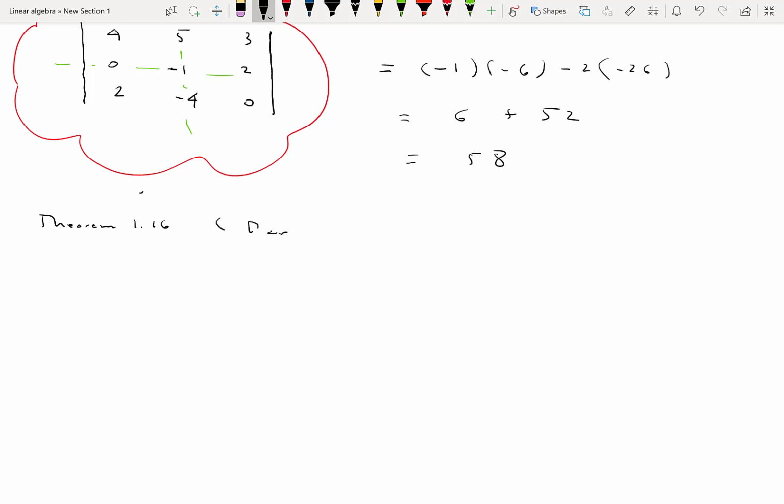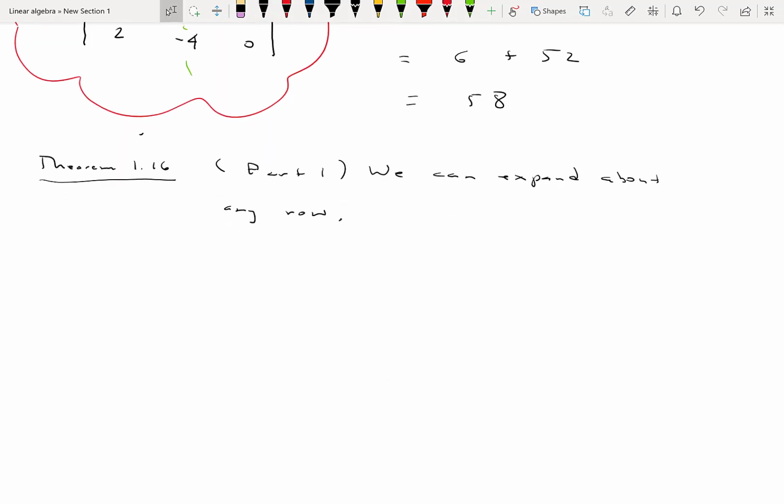Part 1: we can expand about any row, as long as our matrix has the correct size and contains that row. Okay, so the cofactor expansion about row i.